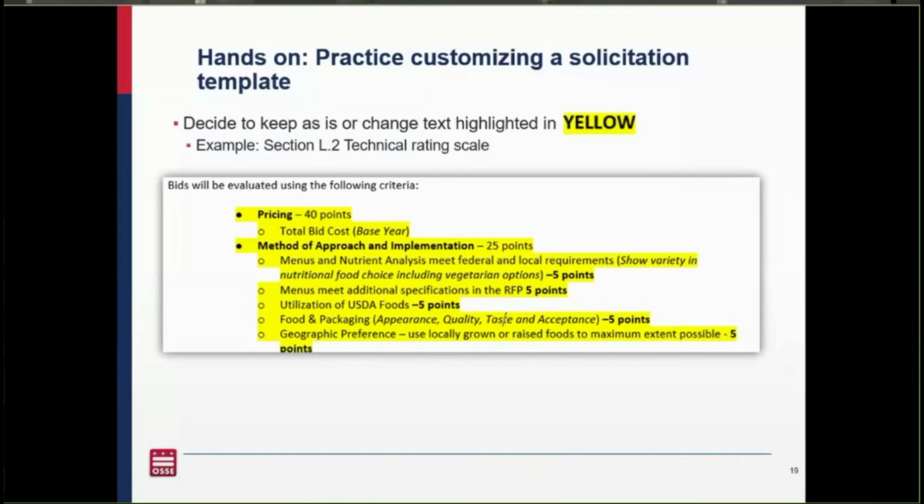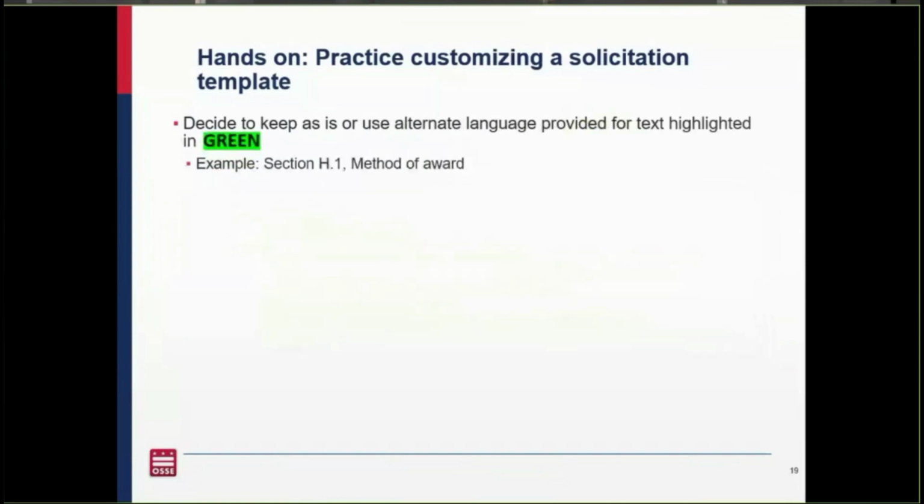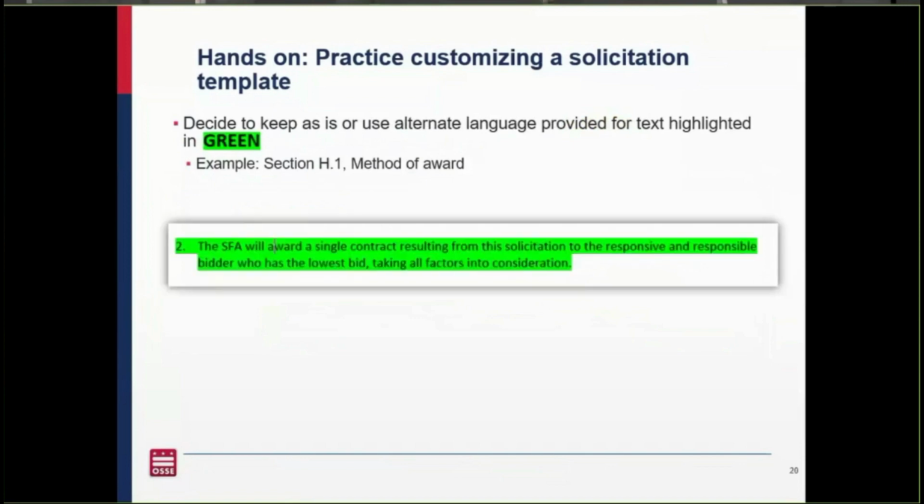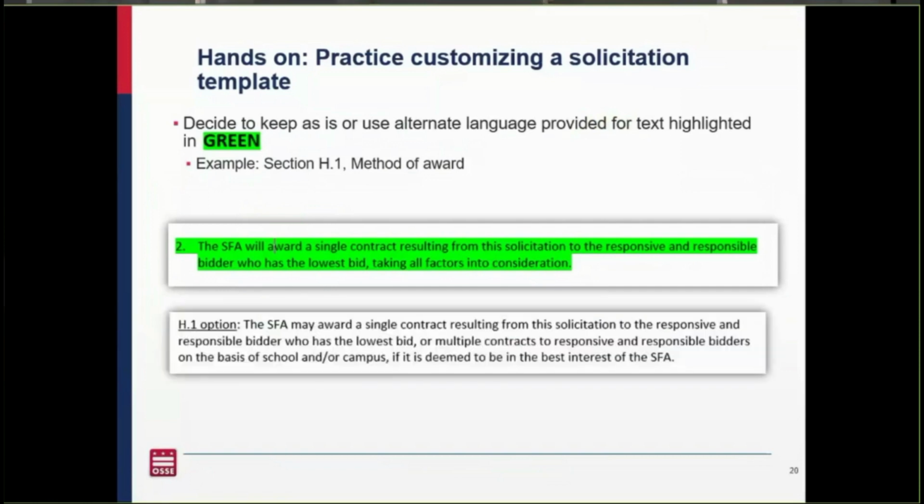All right, we'll move on to green highlights. So if text is highlighted in green, then SFAs could choose to keep it as is or use alternate language that we've provided in an appendix at the end of the solicitation.